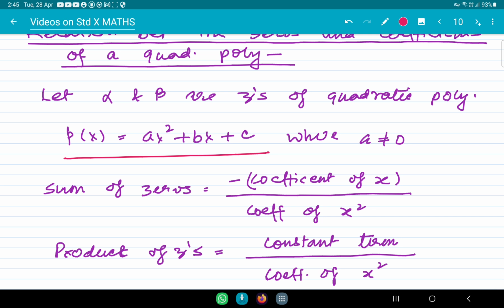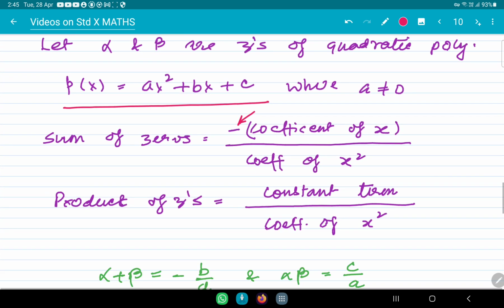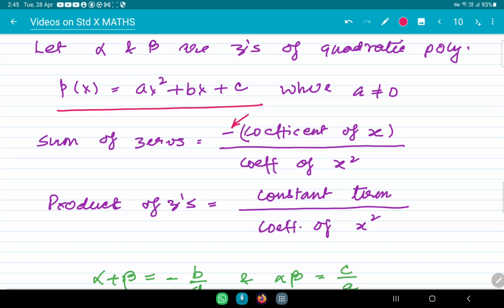How to find the sum of zeros? Sum of zeros is minus the coefficient of x divided by the coefficient of x square. Minus is in the formula, so please remember: minus the coefficient of x divided by the coefficient of x square. And how to find the product of zeros? Constant term divided by the coefficient of x square.